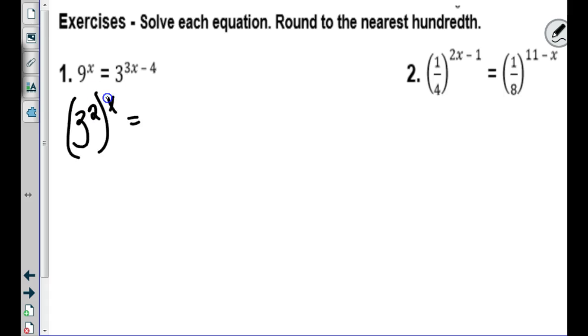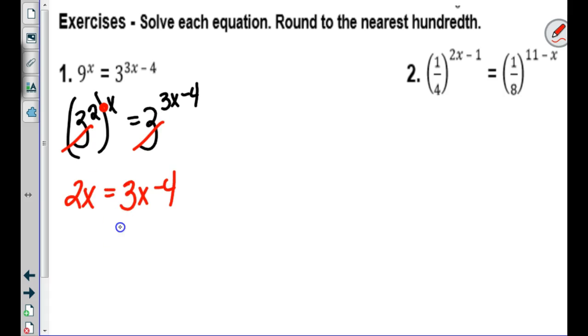And then what happens to the numbers up here? Yes, we're going to get rid of the base 3, but what do we do with this 2 in the exponent, just so we're clear? Yes, these are multiplied together. And then, yes, because they're both base 3, we can eliminate the base. So if I subtract 3x, I get negative 1x equals negative 4, so x equals 4.